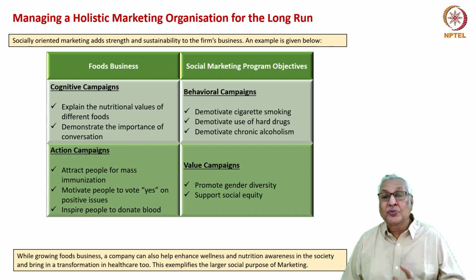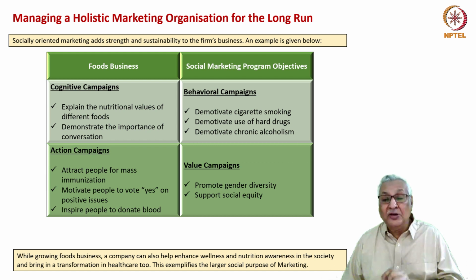You can have behavioral campaigns. You can act against, think against, and express against, in reverse order, of course, in terms of demotivating cigarette smoking, demotivating use of hard drugs, demotivating chronic alcoholism. You can run campaigns which are definitely based on these kinds of positive behavioral requirements.